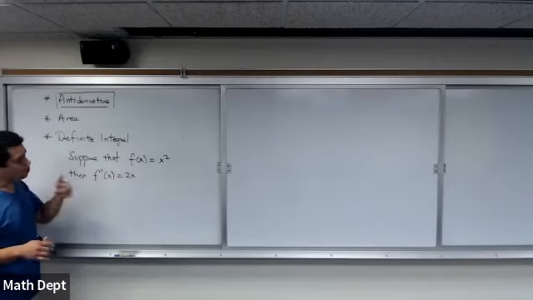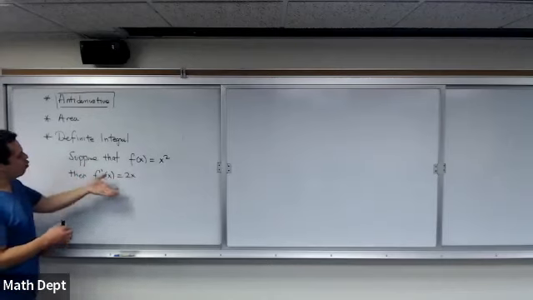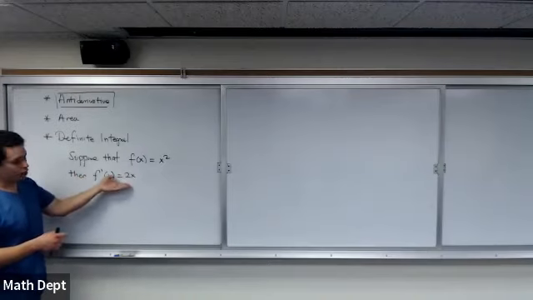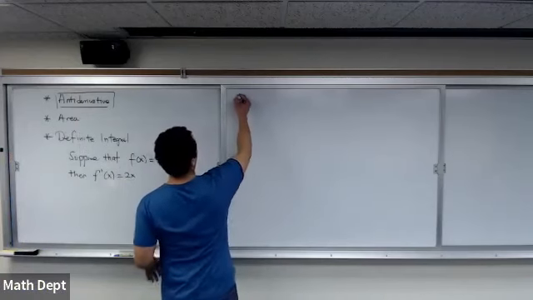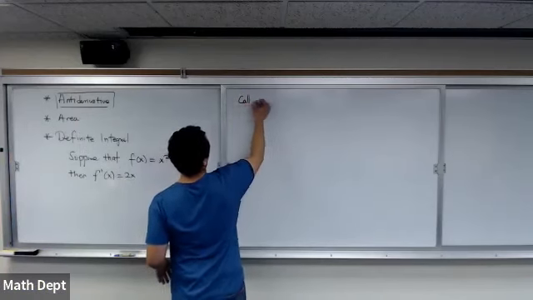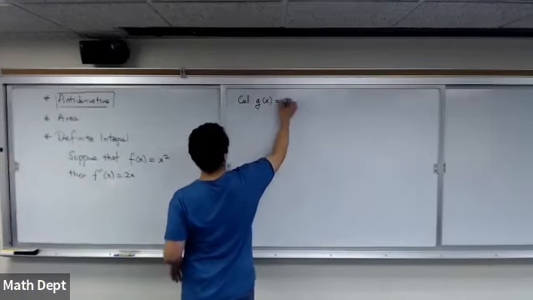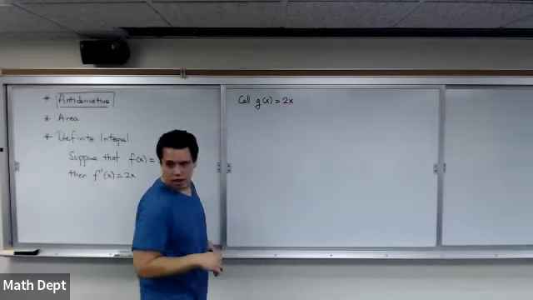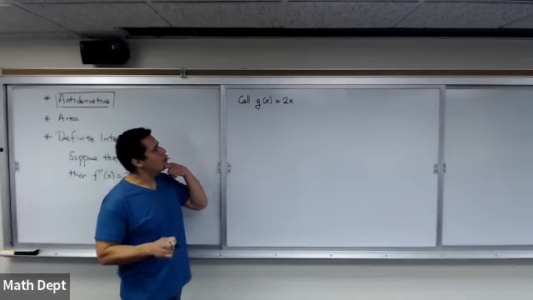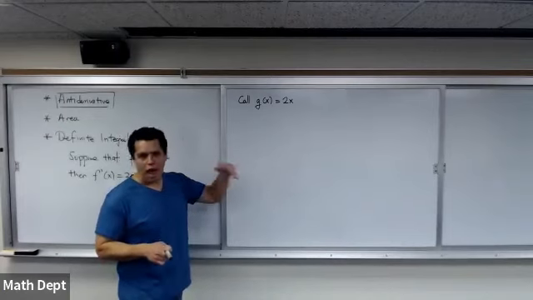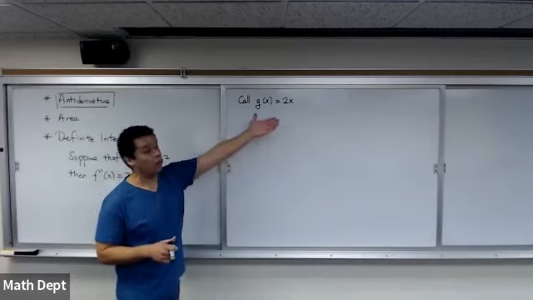But the question is, well, if I was to start with this function here, let's say only 2x, and I give it a different name. Call g of x 2x. The question now appears as the following. What functions appear as derivatives of this?